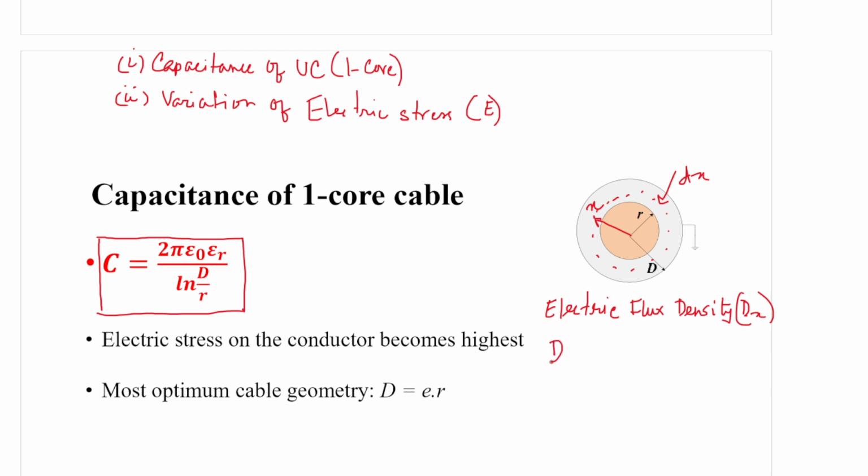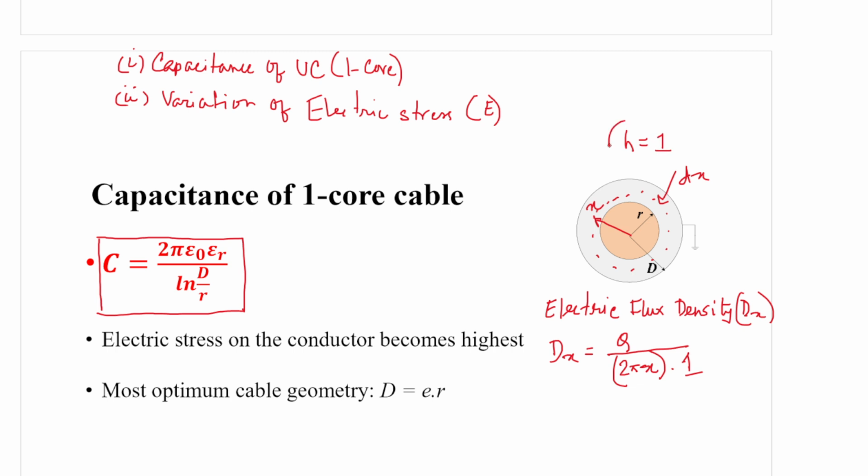What is Dx? Dx is equal to charge q by 2 pi x into 1. Why 1? Because we have considered only the cross-sectional view, so the height becomes 1.